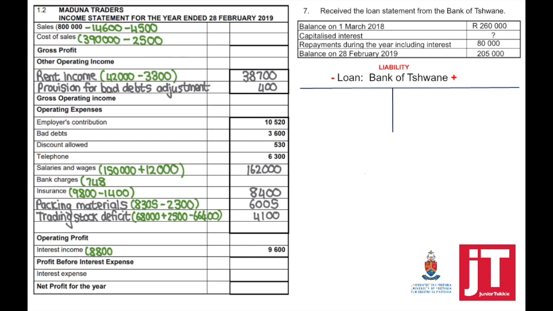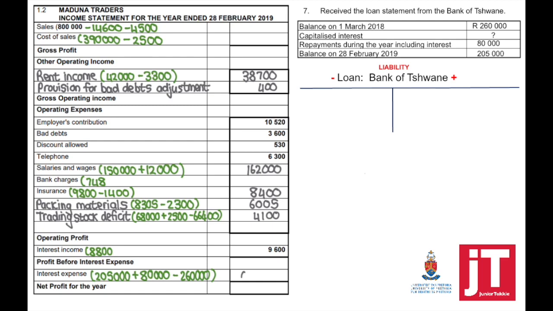You can open up a T account, or you can say, if we're working from this statement, we're working from the bottom to the top to find capitalized interest. So 205,000 plus 80,000 minus 260,000. Make sure that you show your calculations in brackets.